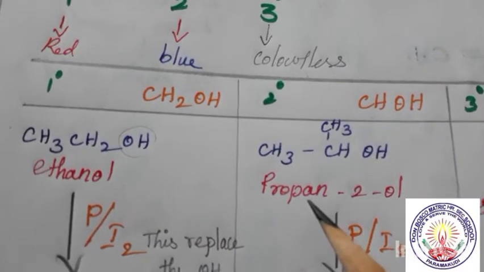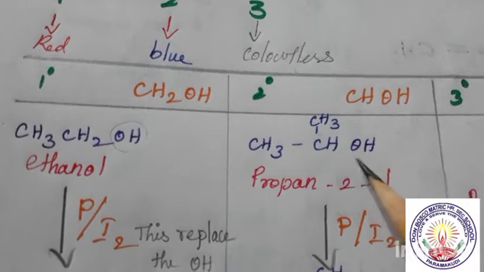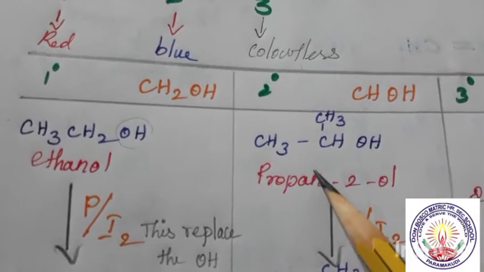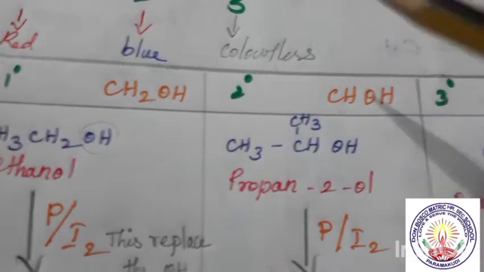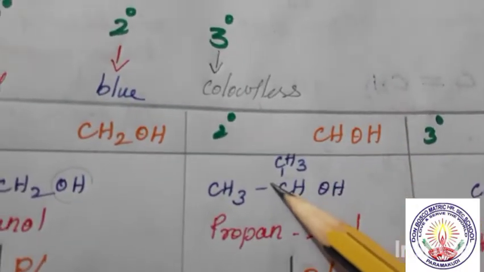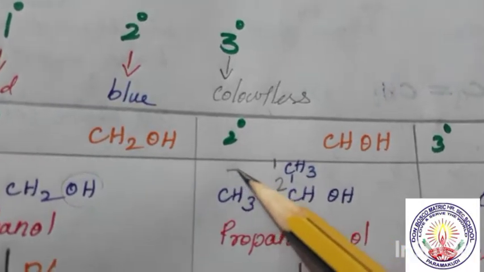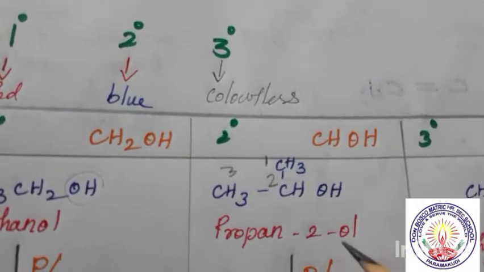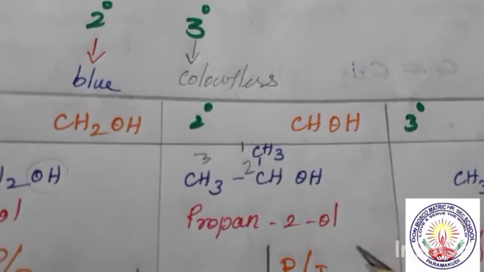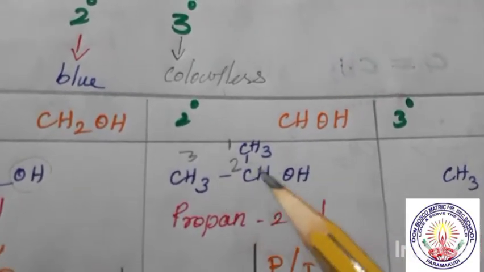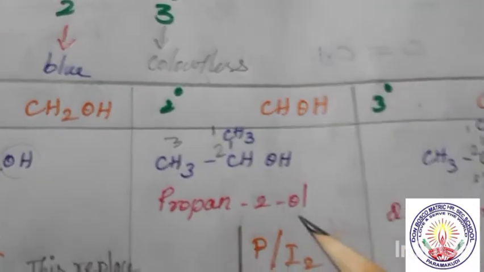For the secondary we take CH3CHOHCH3. The IUPAC name for this: how many carbons are in the chain? 1, 2, 3. So this functional group is present on the second one, so propan-2-ol. How many carbons are in the chain? 1, methane, ethane, propane. So propan-2-ol.